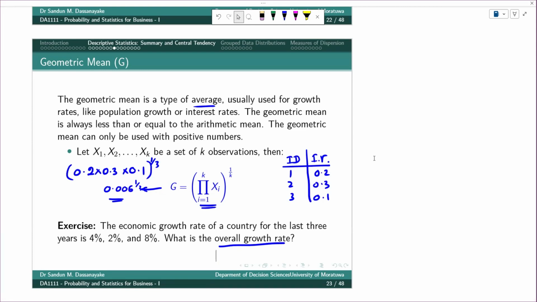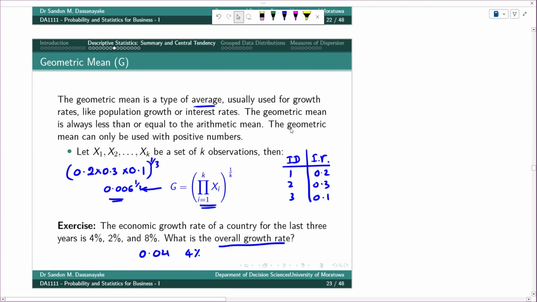Make sure that you put that exact unit. The percentage sign is important, or you just put 0.04. Make sure that you put the unit sign, otherwise the answer is wrong. Just 4 is wrong. It should be 4%. The answer should be either 0.04 or 4%. Without the percentage sign, the answer is wrong.